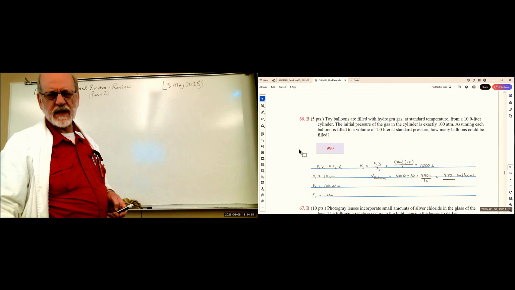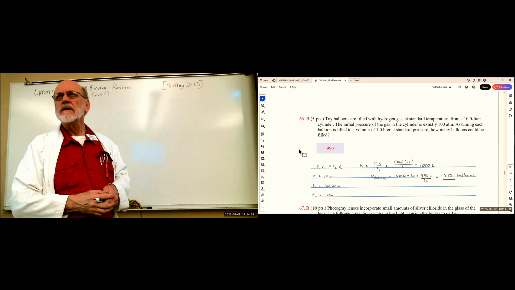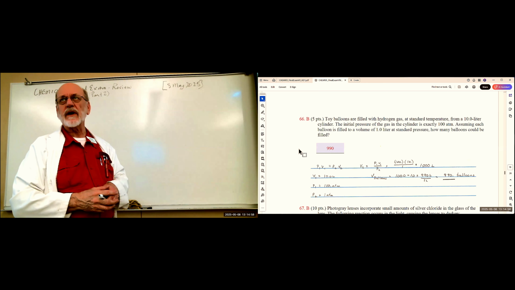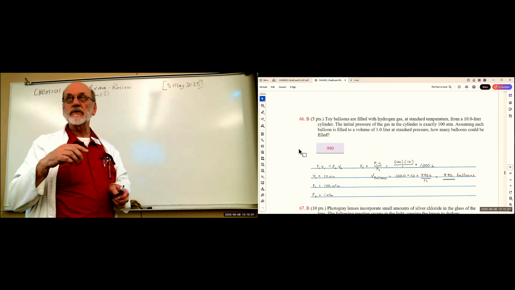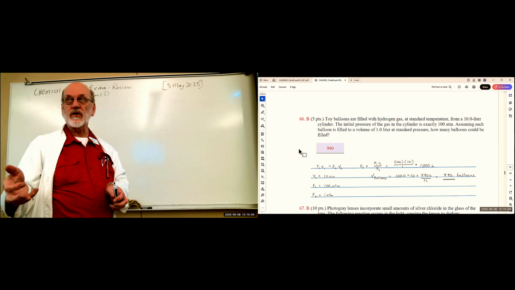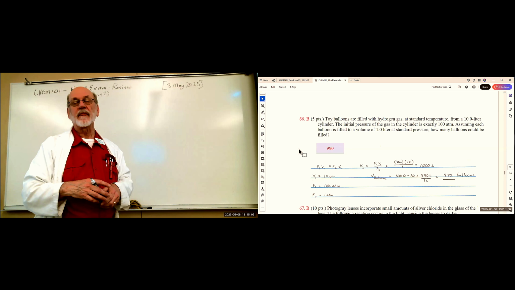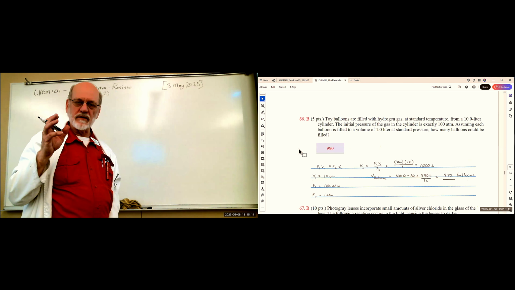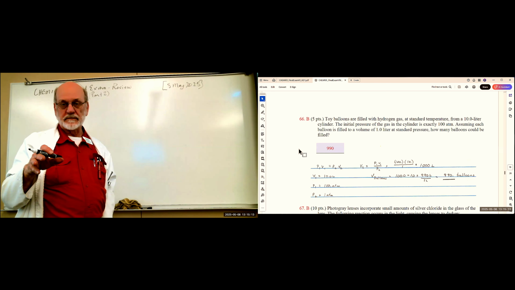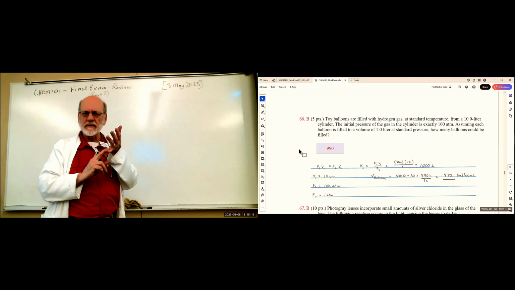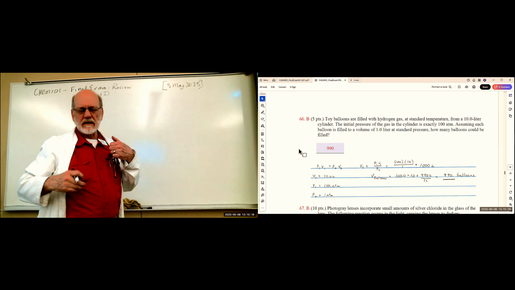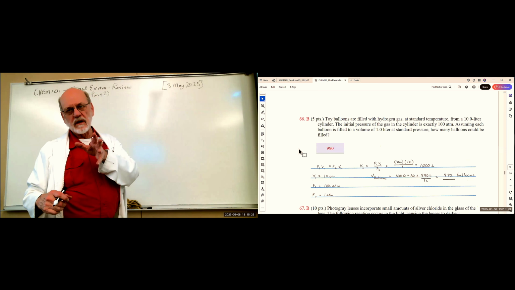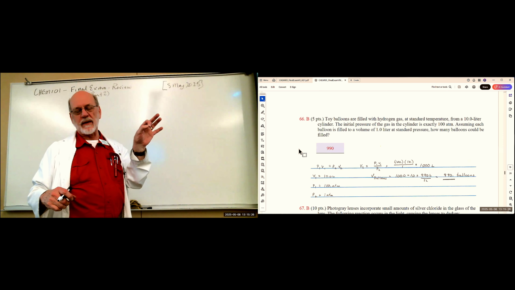Toy balloons are filled with hydrogen gas at standard temperature from a 10-liter cylinder. The initial pressure of the gas in the cylinder is exactly 100 atmospheres. Assuming each balloon is filled to a volume of 1 liter at standard pressure, how many balloons could be filled? What we have here is Boyle's law. The temperature is constant. The external pressure is 1 atmosphere, and the pressure in the balloons is 1 atmosphere.